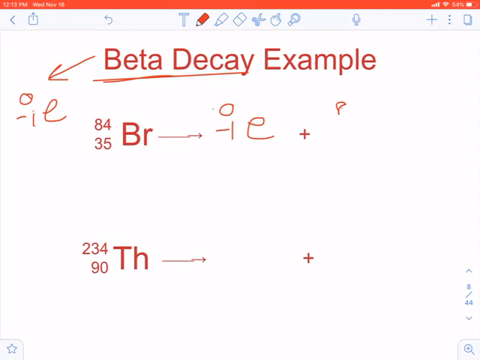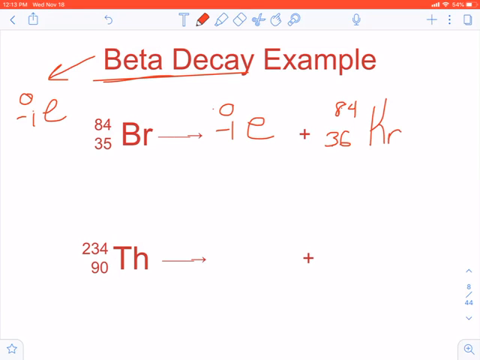Well, that's 84. What plus a negative 1, or what minus 1, gets me 35? Well, that's 36. Then I go to the periodic table, look at the atomic number 36, and write down the answer: krypton.